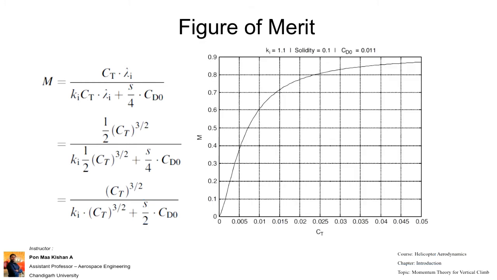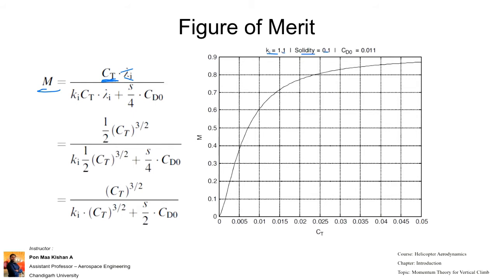The graphical representation of figure of merit is given with M, that is figure of merit, on the y-axis, and CT, coefficient of thrust, on the x-axis. So it is a direct comparison between M and CT. Where K is given, Ki is a constant. We have taken a constant value, an approximate factor, that is 1.1, and our solidity ratio is 0.1.